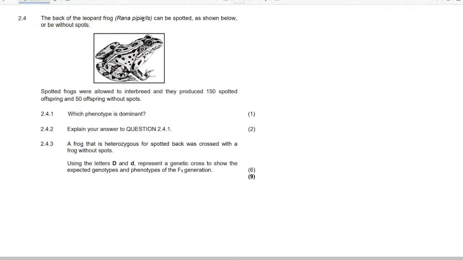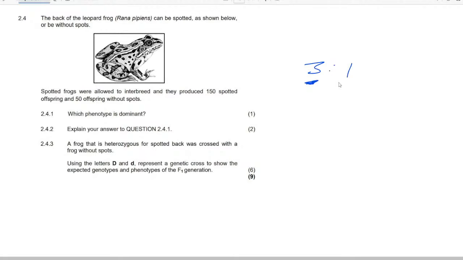Black leopard frog can be spotted. Spotted frog, which is a runner, and then allowed to interbreed, and then they produce 150 spotted offspring and 50, meaning that the ratio is 3 to 1.